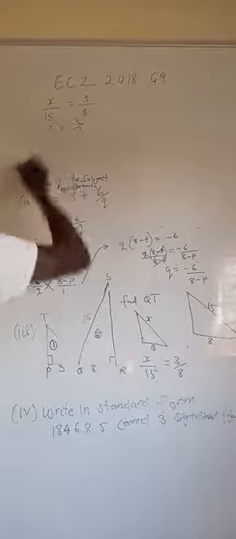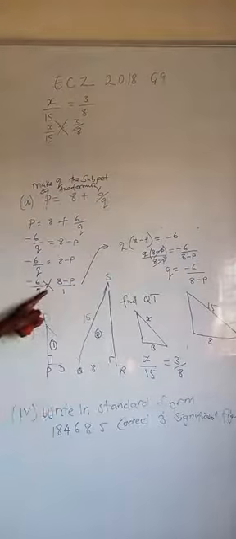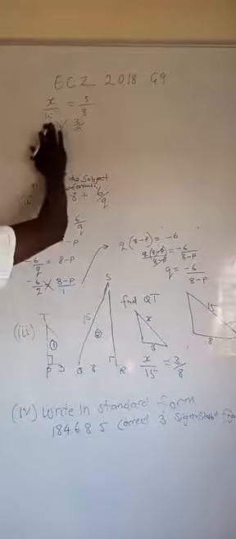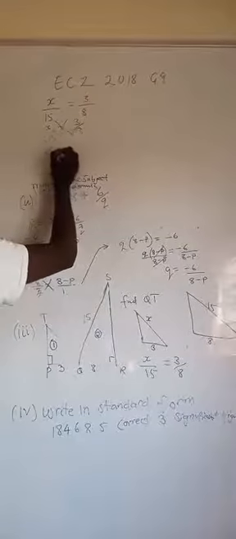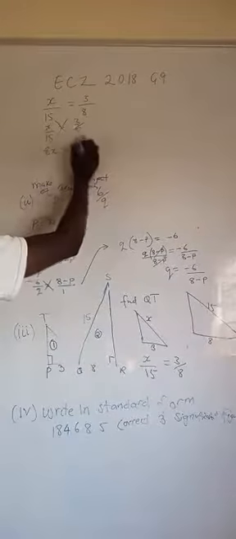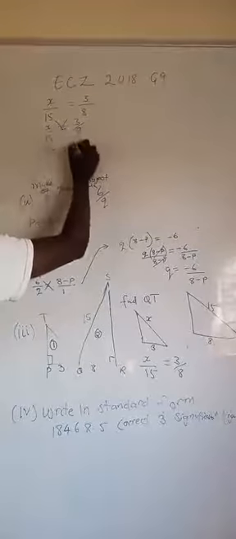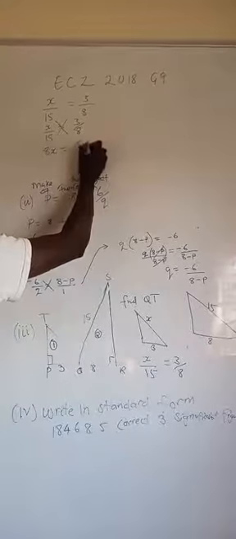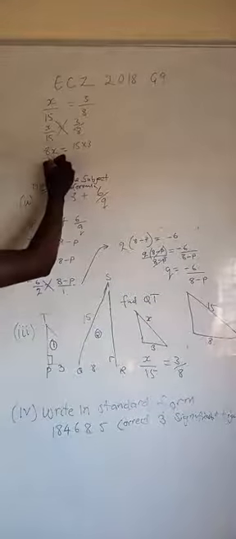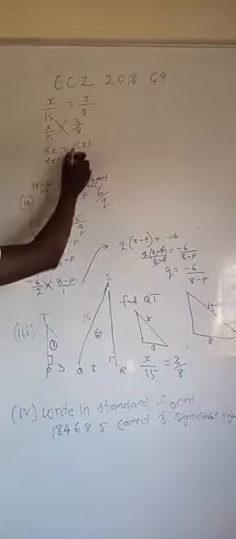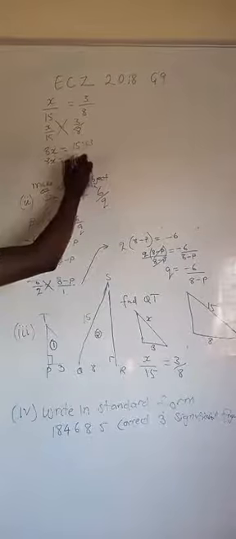You cross multiply, like when we did the other one, because we're trying to find X. X times 8 is 8X, which is equal to 15 times 3, so 8X is equal to 45.